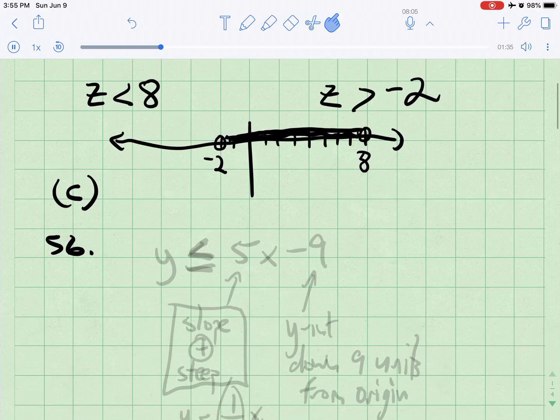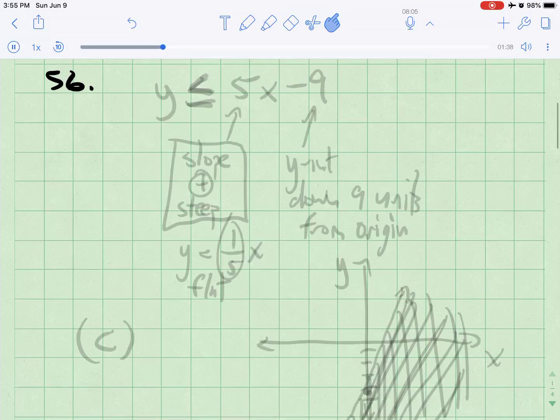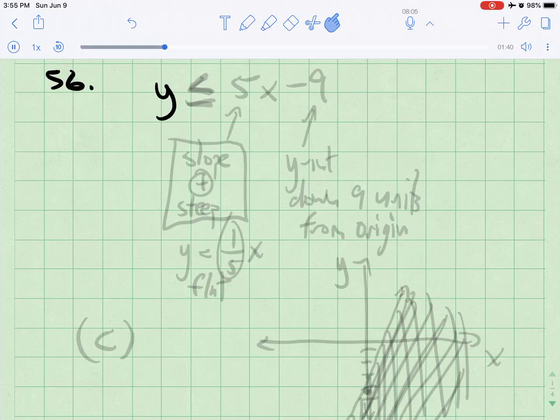56. Graph the inequality. Y must be less than or equal to 5x minus 9. Okay, well, this is our slope. Notice that it is positive in sign and it is steep because 5 is not a fraction. It's a big number compared to the fractions.